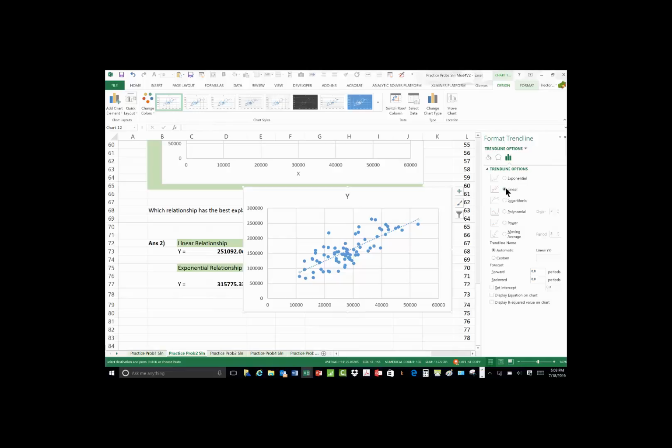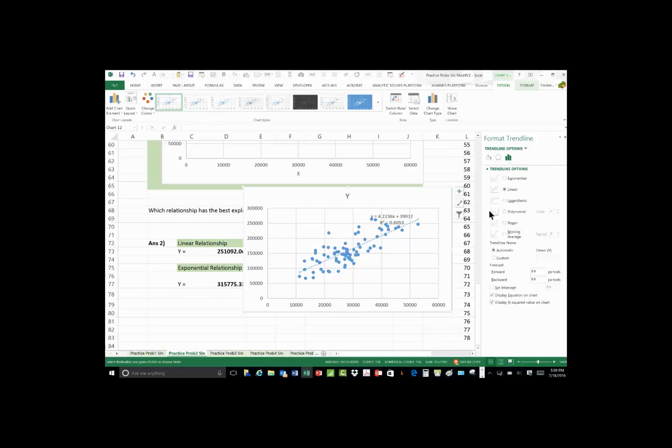The first one we're going to do is a linear one. We actually want it to display the equation and to give us the r squared. And there's the information that we were looking for. It gives us the function. It gives us the r squared.